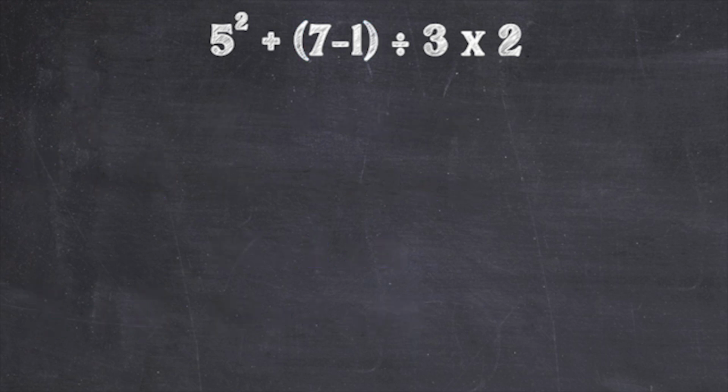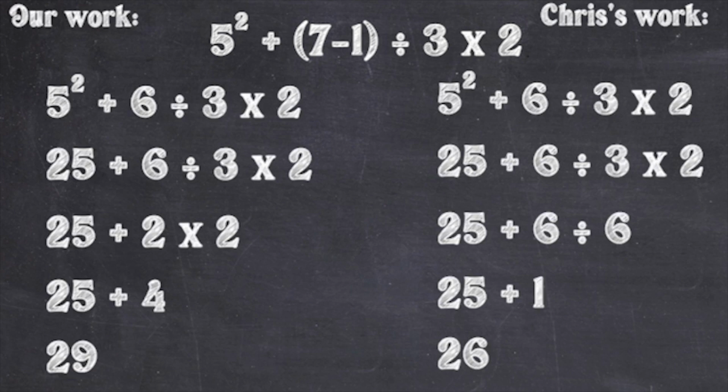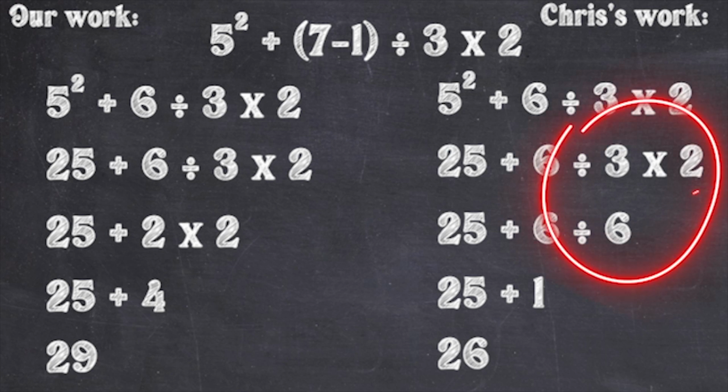Now let's look at our work and Chris's work side by side. Where's the problem? There's the problem. Chris did the multiplication first. Even though M comes before D in the PEMDAS acronym, we want to think of multiplication and division as grouped together in a single step.